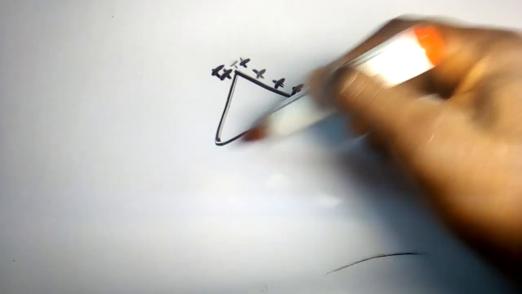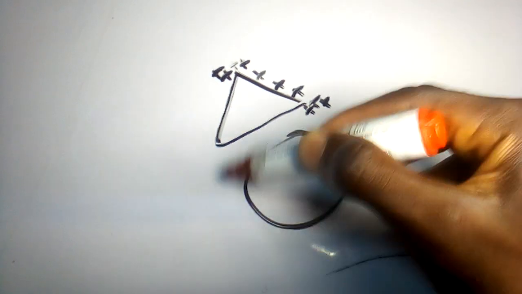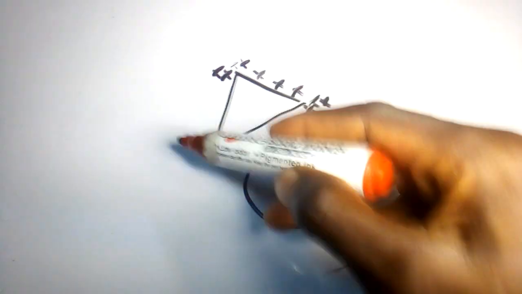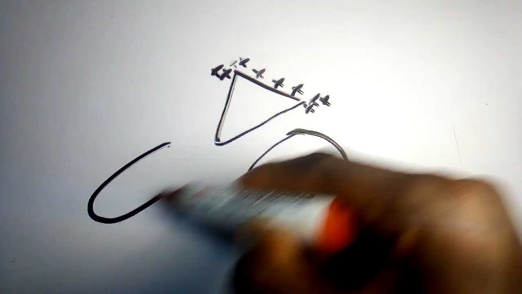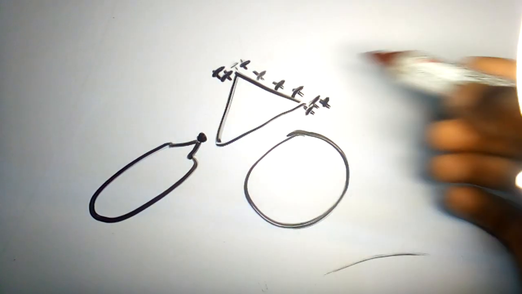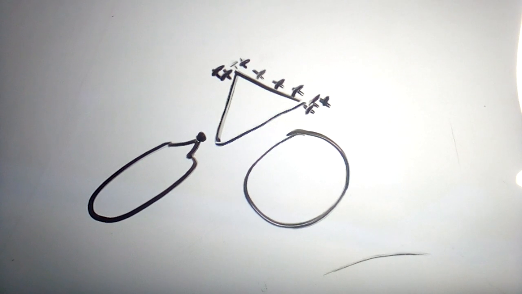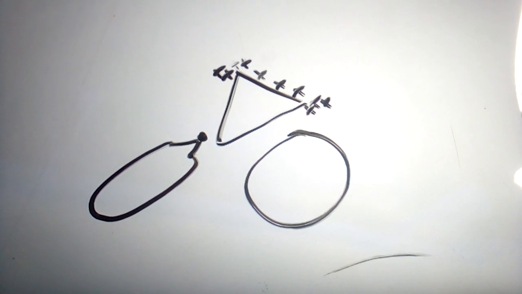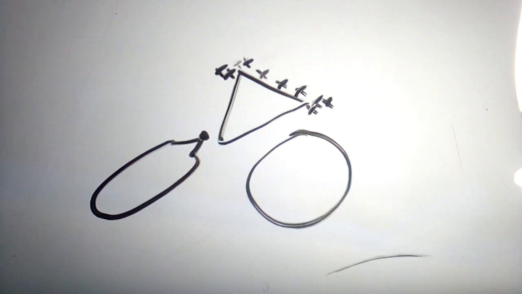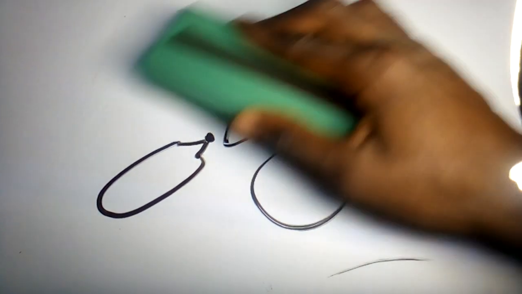So if you have this, charges will be distributed evenly, and if you have something like this, charges will be more concentrated here. That is the principle used in building the thunder arrestor or lightning conductor, which conducts more of those charges and takes them through the earth by the conductor connected directly to it.